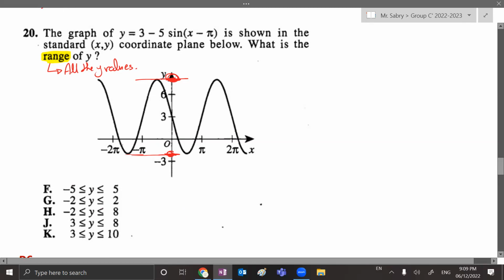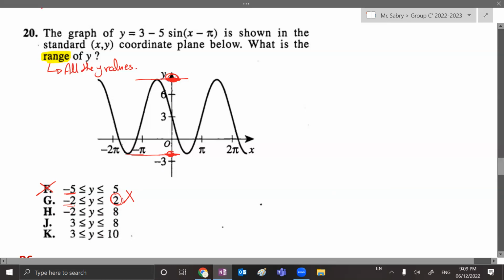Here y reaches negative 5? No, it's somewhere before negative 3, less than negative 3. So F doesn't work. Then G has negative 2, which could work, but it says it only reaches 2, while here it's clearly above 6, a bit higher than 6. So G doesn't work. H, to be honest, works clearly. It goes from negative 2 on the y up to 8 on the y.